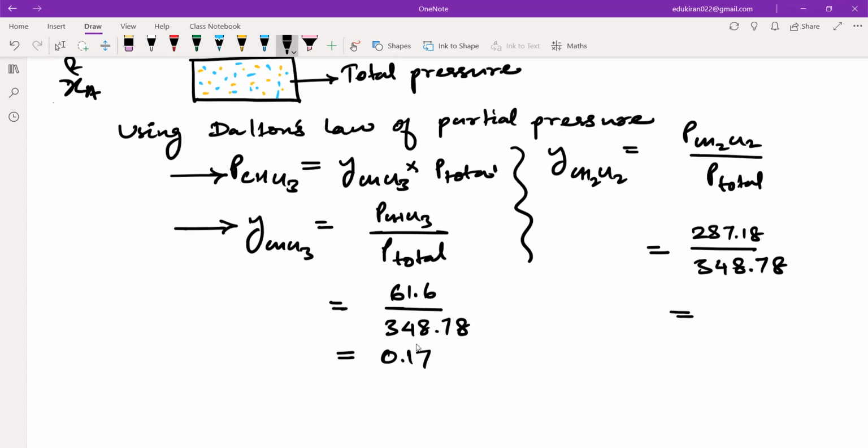So this you can calculate it also, or you can just write that whatever the mole fraction for CH2Cl2, it will be equal to 1 minus 0.17. है ना? So either you calculate this value or this value, the answer will be same.